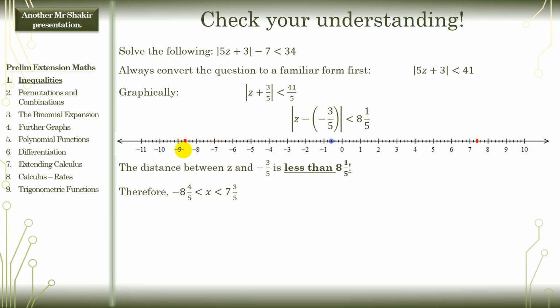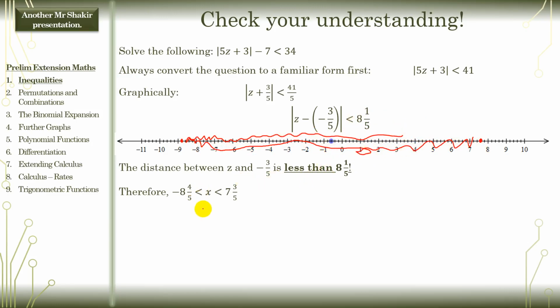Oh, 8 1/5, sorry. Sorry about that, I'll do that again. I thought it was just 8. 8 1/5. And over here it should be 7 3/5. There we go. And the distance is less than 8 1/5. The distance is less than that. So that whole region there, right? Sorry about that messiness. That region.